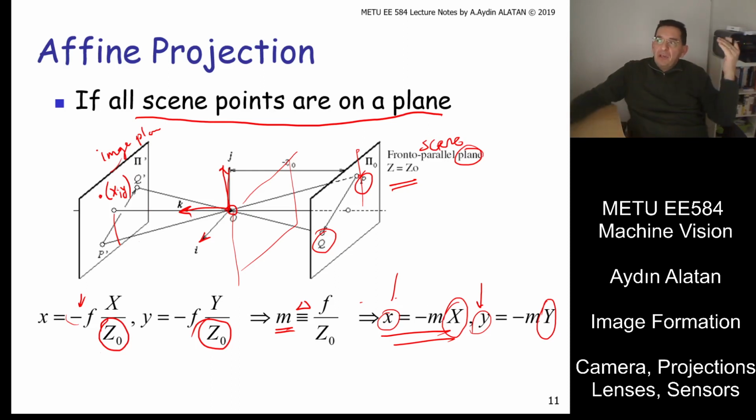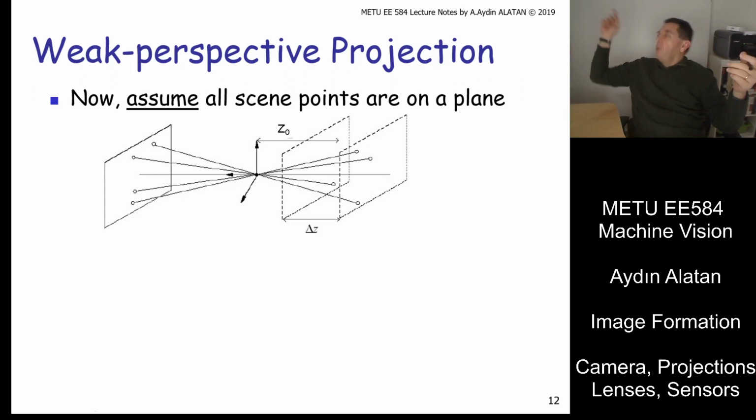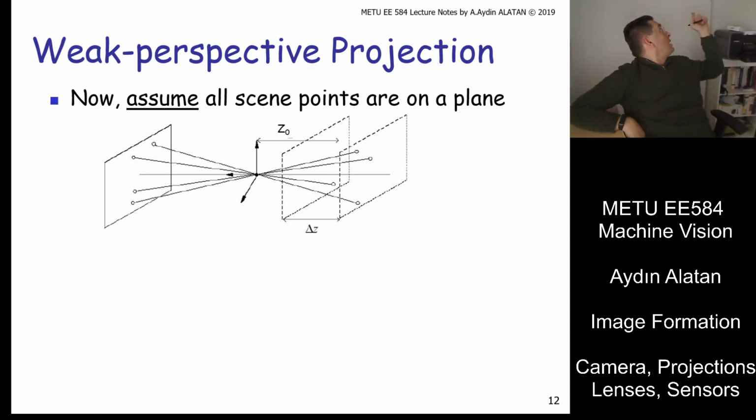Therefore, an affine projection: if you have this scenario in your scene, why not use an affine transformation? True perspective is this. Life is not like this flat wall. Even this wall, you see there are differences between two planes in the wall.